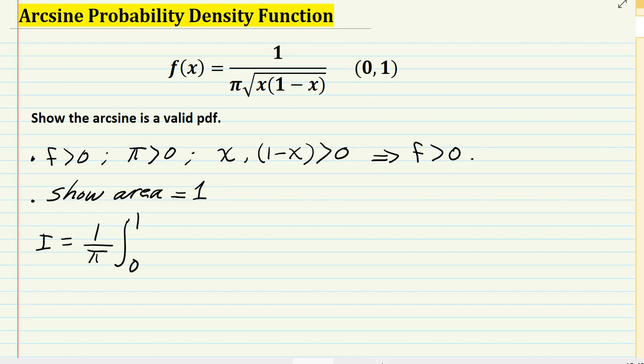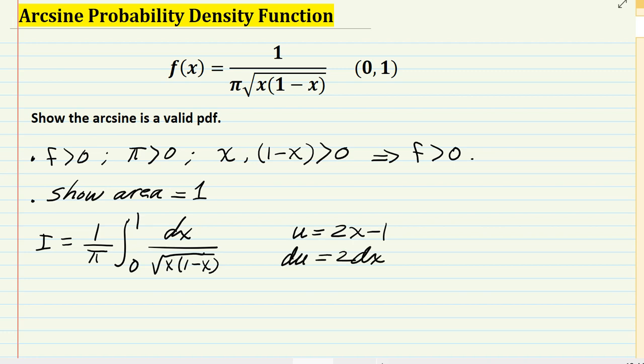So the limits of integration go from 0 to 1, and then dx over the square root of x times 1 minus x. Now at this point we can make a substitution. If I let u be 2x minus 1, then du will be 2 dx, and therefore 1/2 du would be dx.